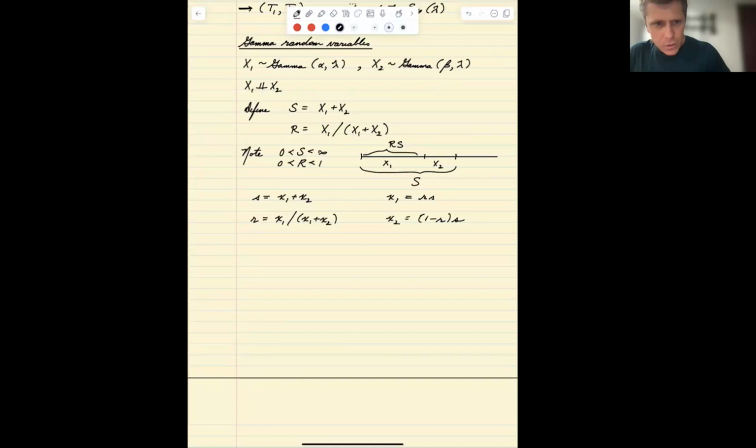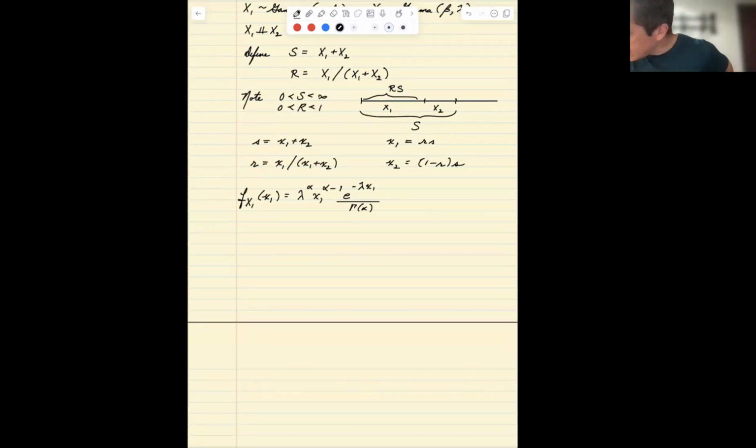Okay, well, what's the density of x1? Right, so the density of x1 is lambda to the alpha, x1 to the alpha minus 1, e to the minus lambda x1, over gamma of alpha.